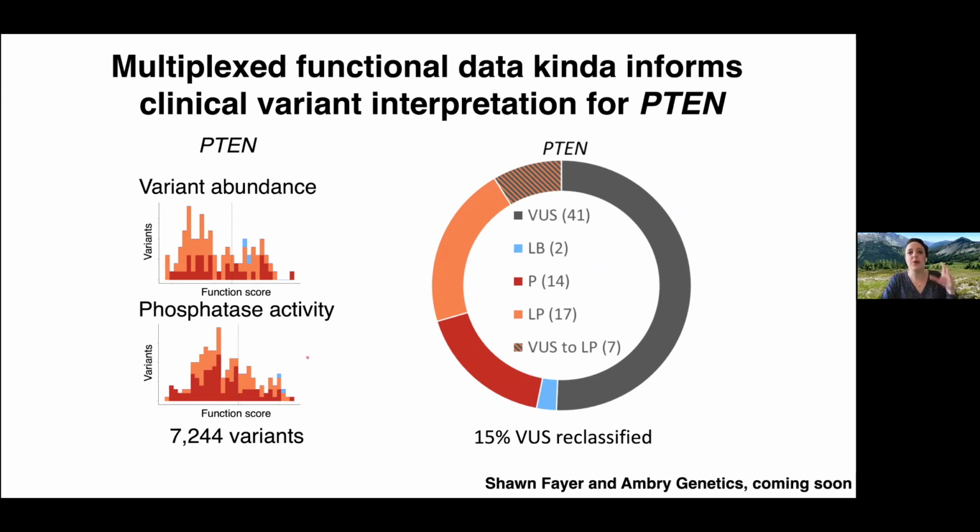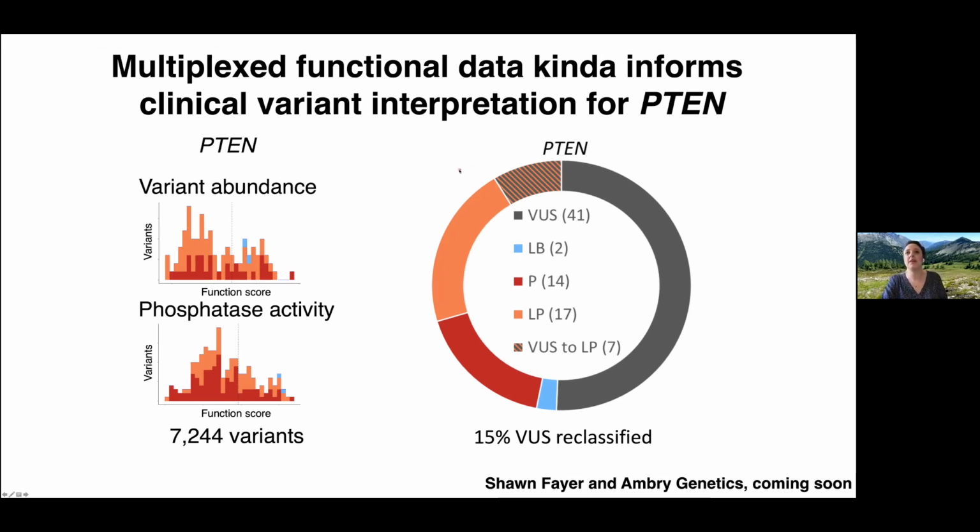And therefore, we really can't assess the assay specificity, so we're limited in what we can do here. The expert panel for PTEN says that you can use this data as supporting evidence if it's found to be functionally abnormal in both of these assays. And so Sean was able to use that information to reclassify about 15% of the variants of uncertain significance.